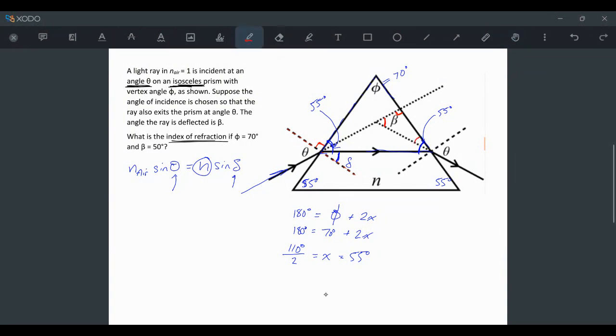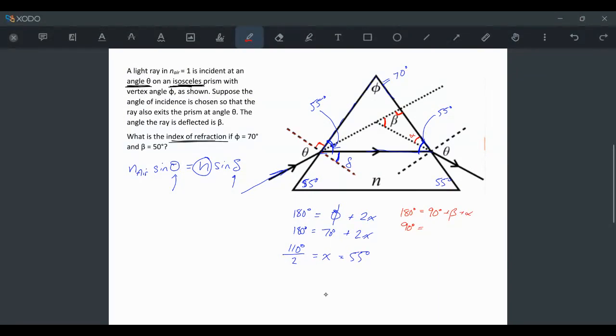And I'm going to call this little piece in here alpha. We don't really need to worry about the names, but anyways. There's 180 degrees in that triangle. The three angles we have are a 90, beta, and this alpha that I just named.